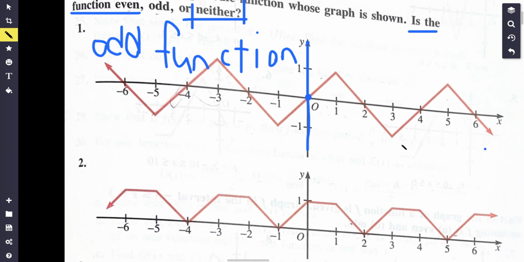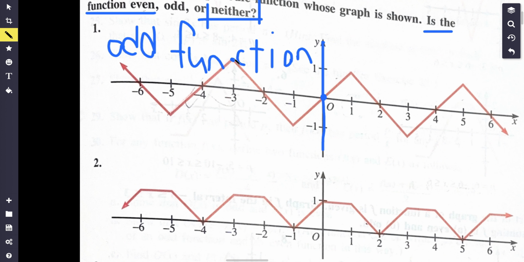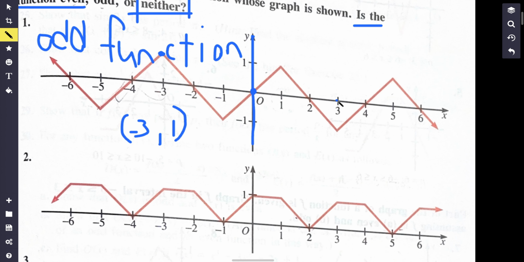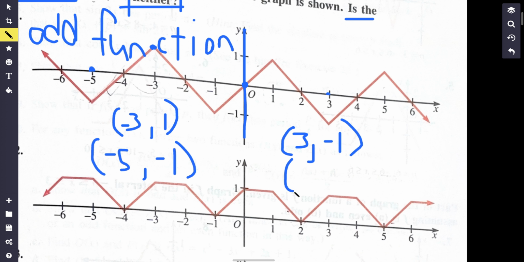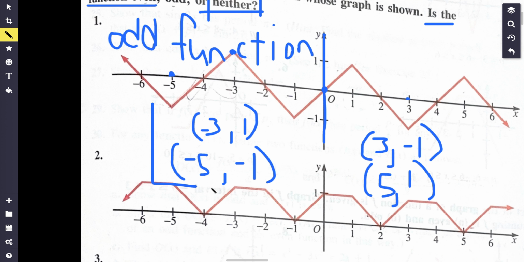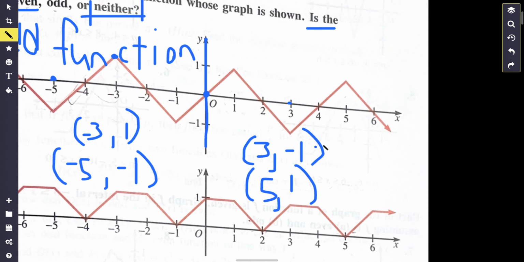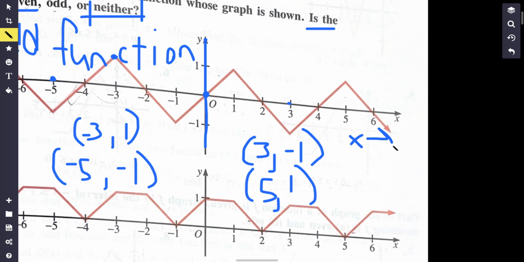And a quick way to tell if it's an odd function: you'll notice how when x is equal to -3, our y value is equal to 1. And when x is equal to +3, our y value is equal to -1. When our x value is equal to -5, our y value is equal to -1. And when our x value is +5, our y value is equal to +1. So for odd functions, if you take the coordinates of any odd function, you'll notice a pattern. When you plug in an x value, you get out a y value.